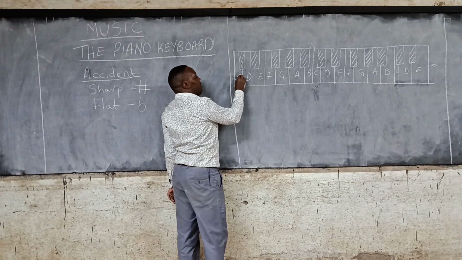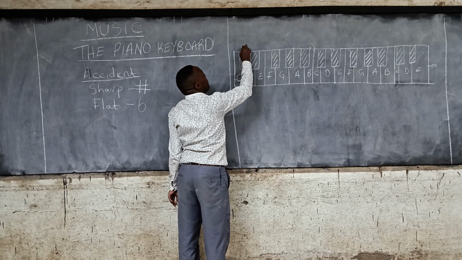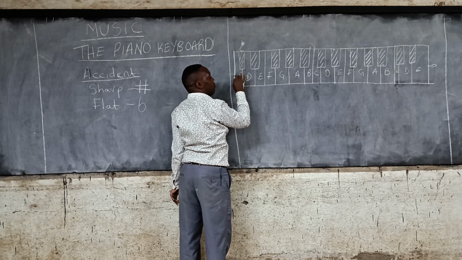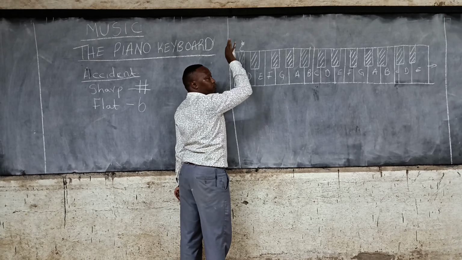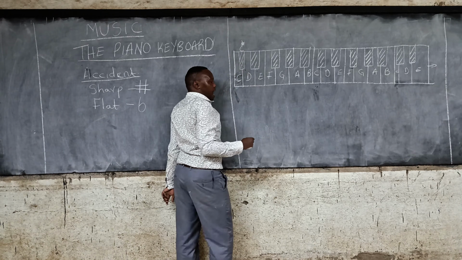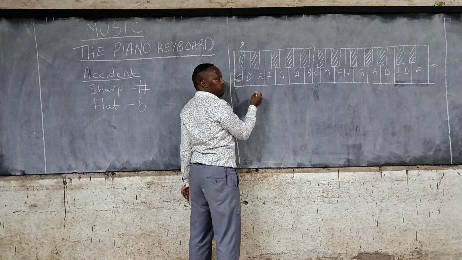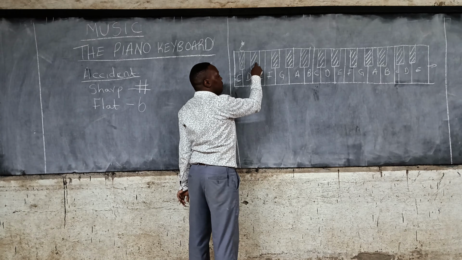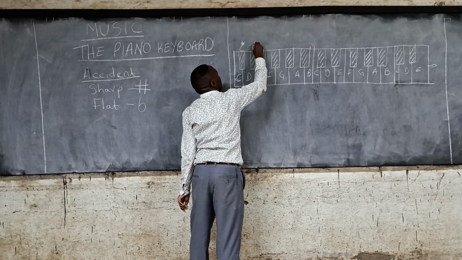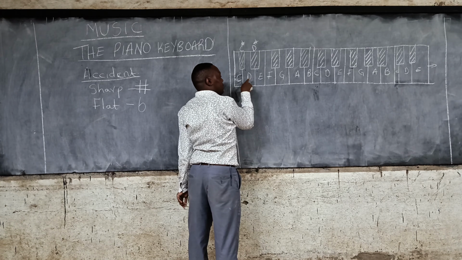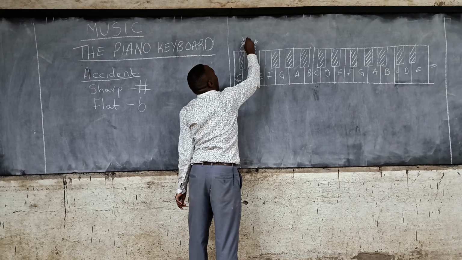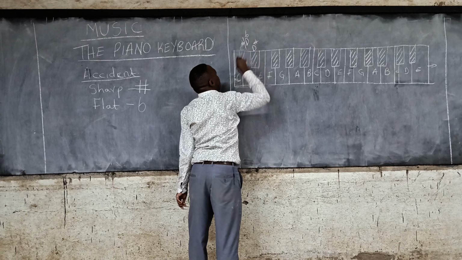From here to here, it will be C sharp because the voice has moved higher. What about when it moves down? From D to here, it will be D sharp. But when this comes back here, it will be D flat.